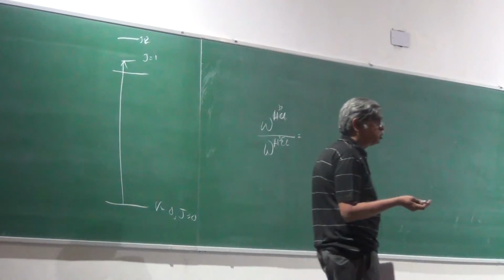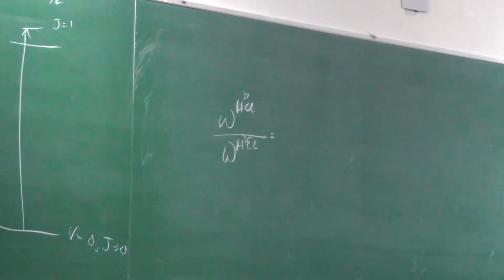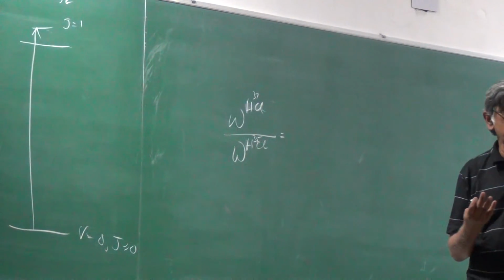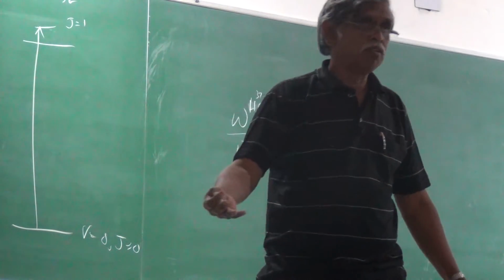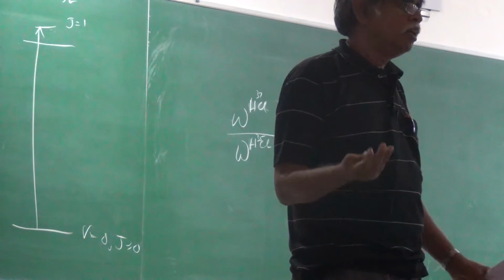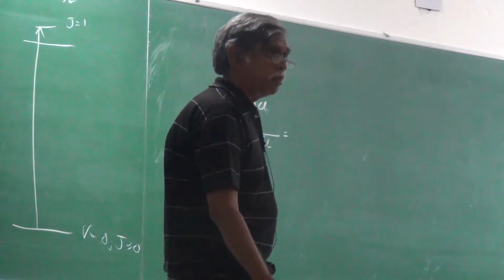But when you change to a different isotope, you also know that the force constant stays the same because the potentials don't change when you change the isotope, because the potentials depend on the number of electrons the system has. You're not tampering with the number of electrons when you do the isotopic calculation.